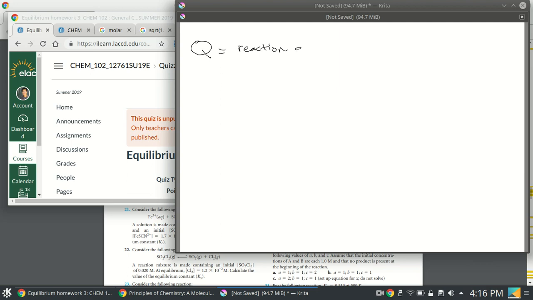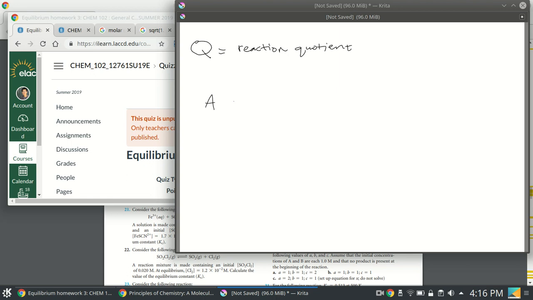But I'm going to find a couple of problems from one of your textbooks, the TRO textbook, which is online, and adapt them to make them a little bit harder. Yes, that's right, a little bit harder. Let me tell you what this reaction quotient means.